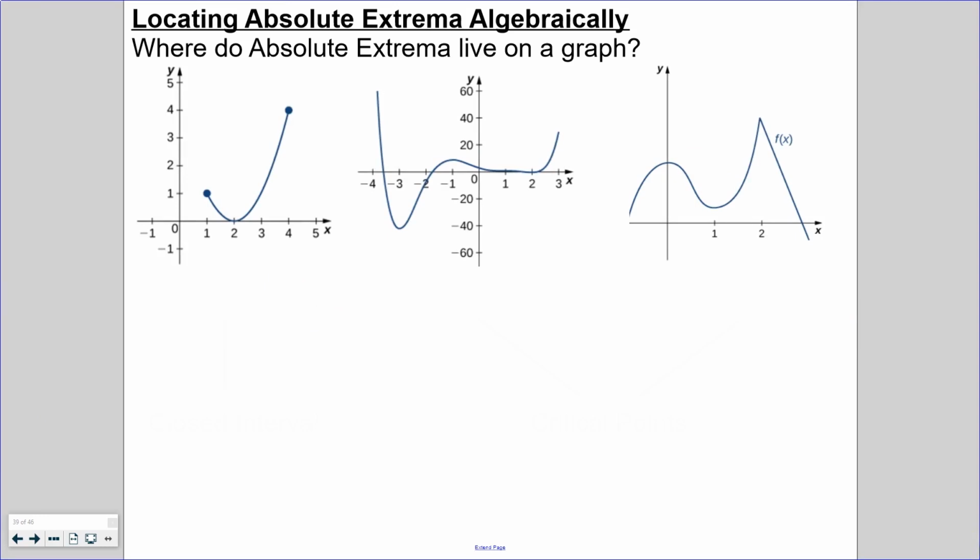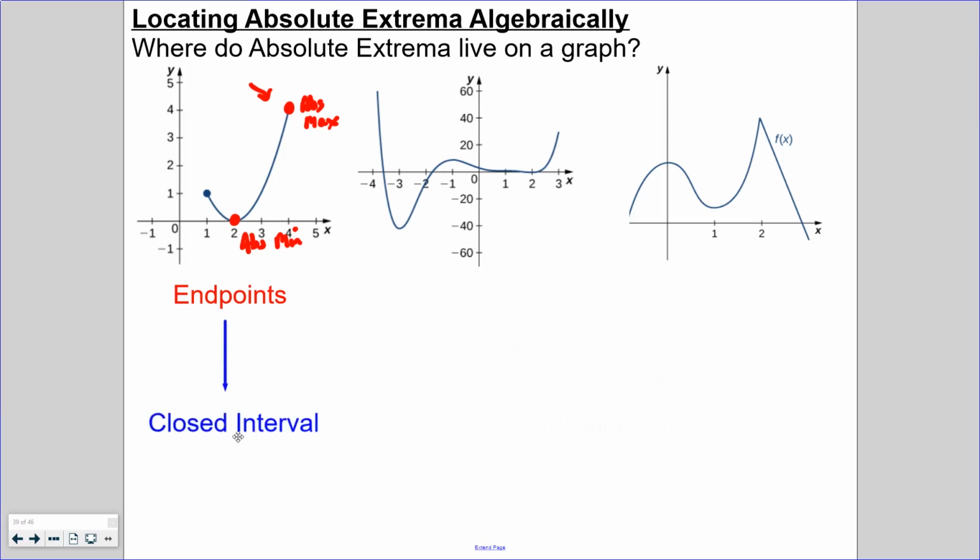If we look at this first graph, we can see that we have an absolute minimum at x equals 2, and we have an absolute maximum at x equals 4. And as it turns out, x equals 4 is an endpoint for our closed interval. So when we have a closed interval, we know that endpoints can also be absolute extrema.